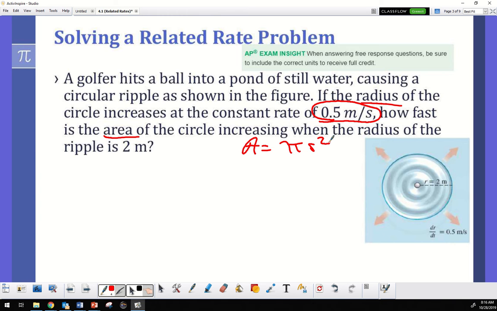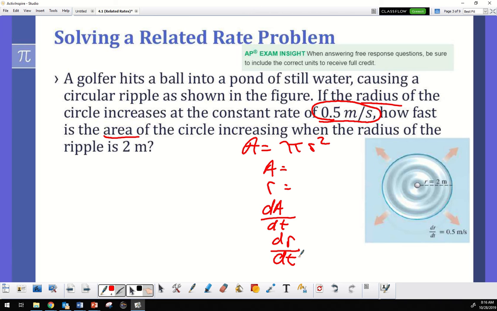So I'm going to have an A and an R. I'm also going to have a dA, dt, since we already said with respect to time, dt, and I'm going to have dr, dt.